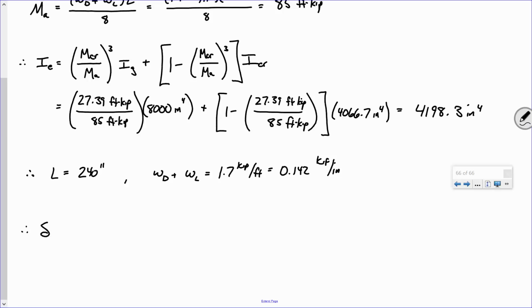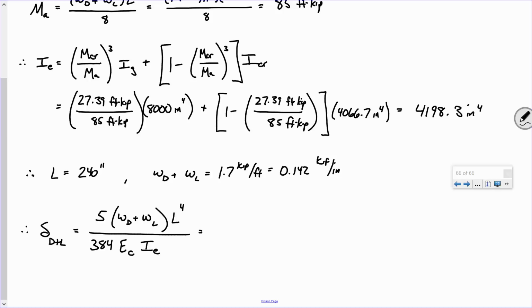Well, 5WL to the fourth over 384 EI. Remember to use the effective moment of inertia of the beam.